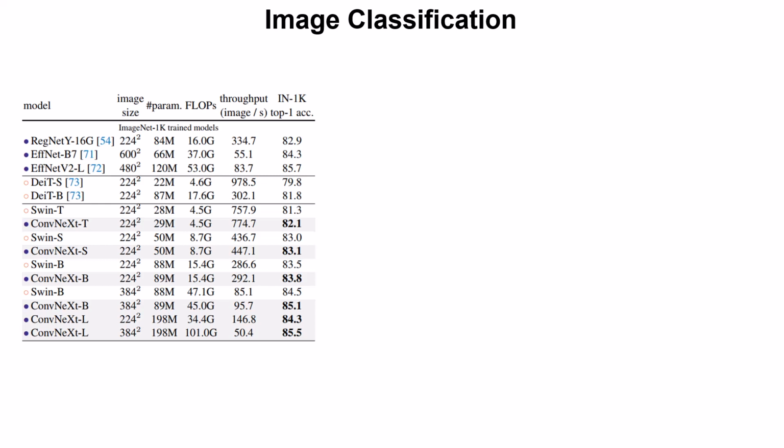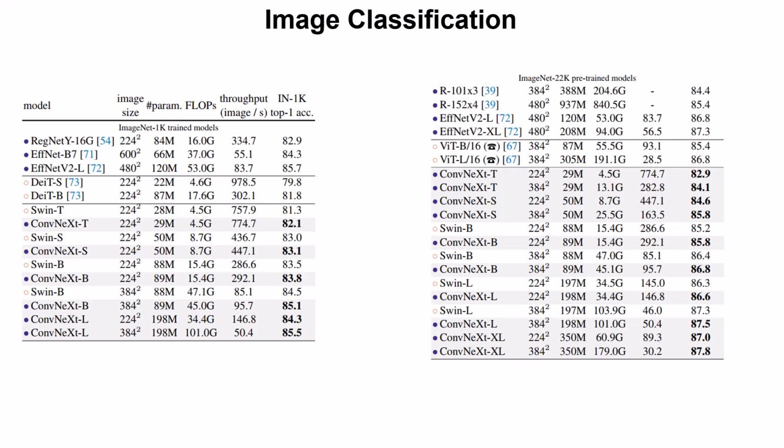But what is even more interesting is that people usually think that vision transformers, transformers in general, require a huge amount of data to learn a good representation and beat the convolution counterparts. But actually, they also pre-trained on ImageNet 22K and fine-tuned on ImageNet 1K, and still ConvNeXt is performing better.